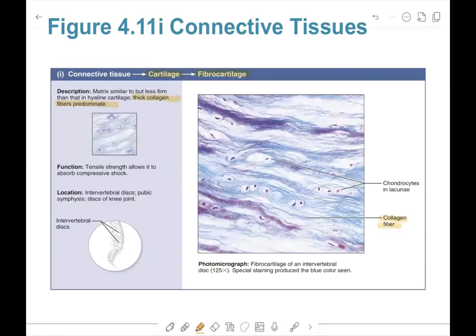It's also the strongest, so its function is tensile strength that allows it to absorb compressive shock. So the location for it would be in places like the intervertebral disc, which acts as a shock absorber. Also, what's called the pubic symphysis between the two pubic bones, and the menisci, which are the discs of the knee joint as well. So fibrocartilage is the strongest of all three types of cartilage.